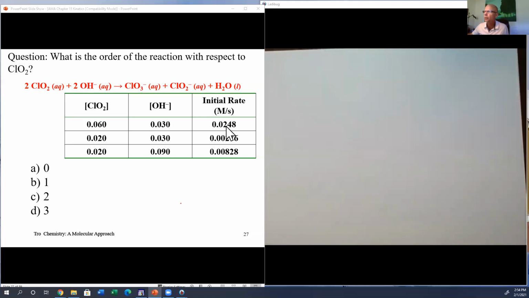This is 0.0248. This is 0.00276. There's an extra 0 here compared to there.